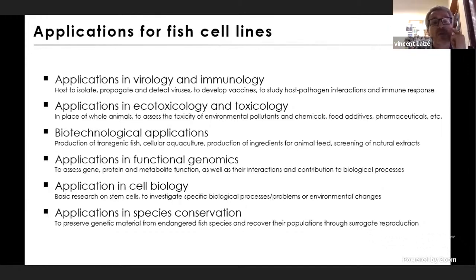Fish cell lines have also been applied, as I mentioned before, in ecotoxicology and toxicology, and mainly they are there to replace the experimentation that was done on whole animals.